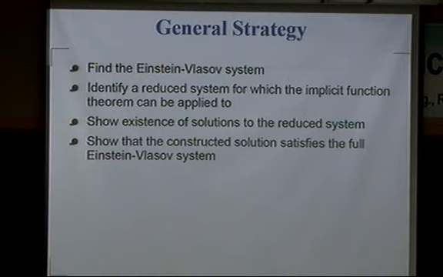And it's not clear how you choose this reduced system. And then you do analysis and try to show existence of solutions to the reduced system. And then at the end of the day, you go back and try to show that you have now constructed a solution which solves the full system, not only the reduced system.